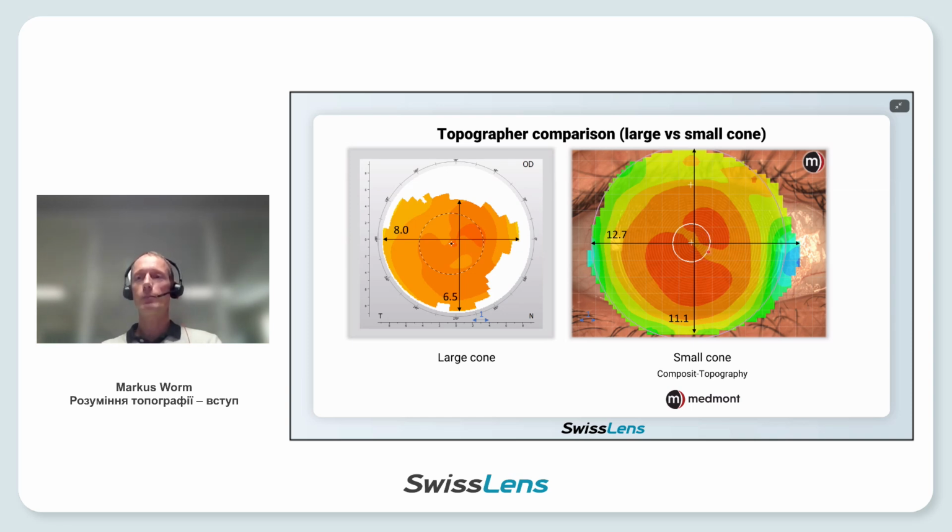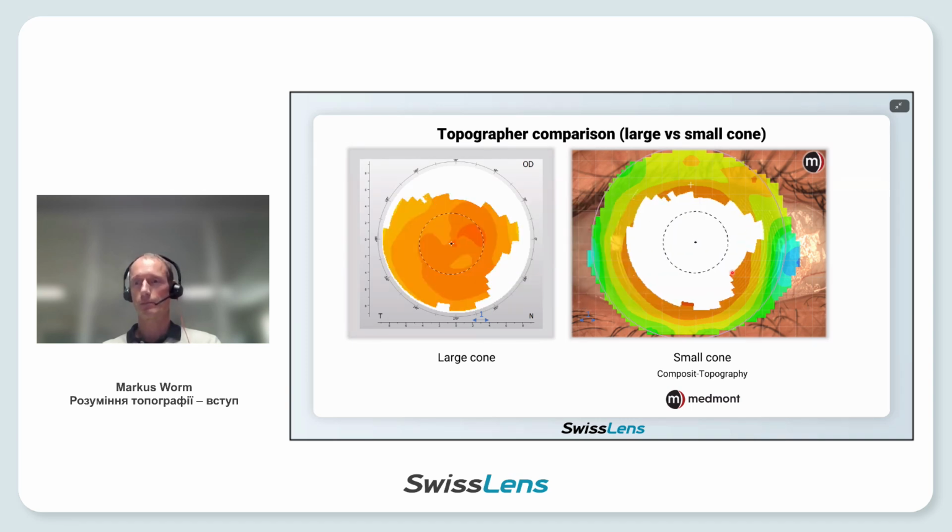But it's even better to compare the advantage of the size when I take the measurement of the area on the left side, make it in white, and just put it here in this right image. Now, all colored areas you can see around this white spot is additional data that can be measured with Medmont.